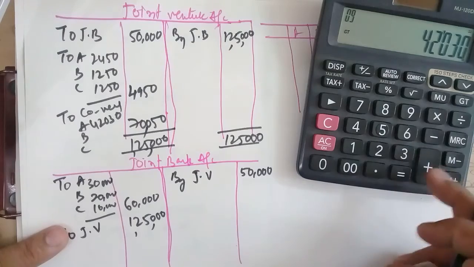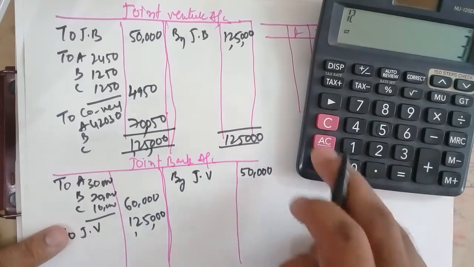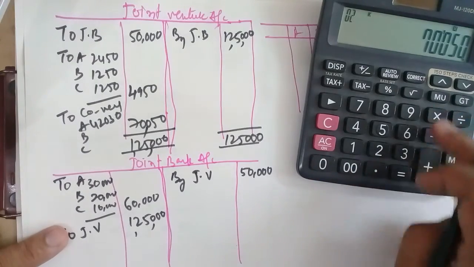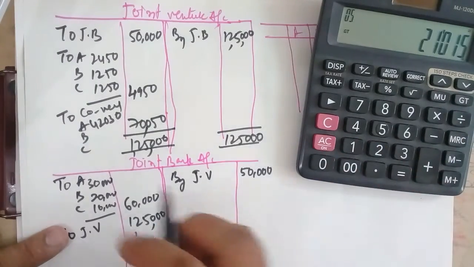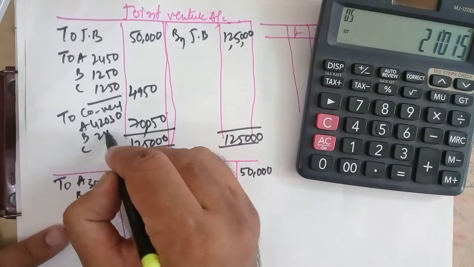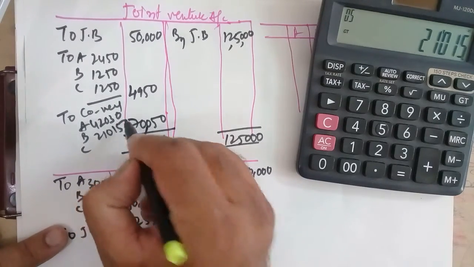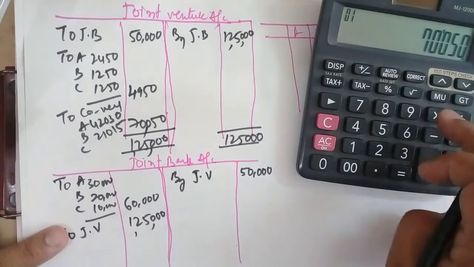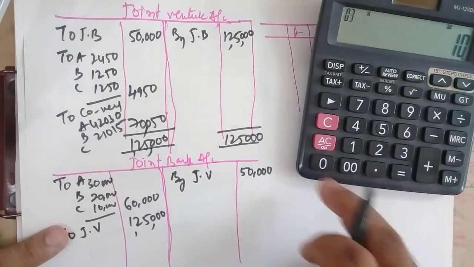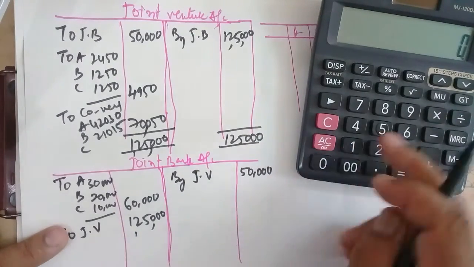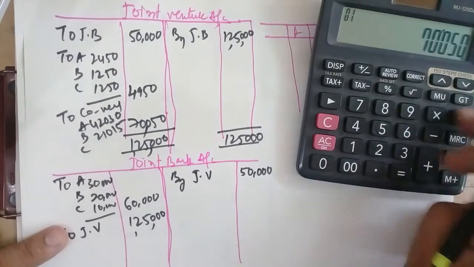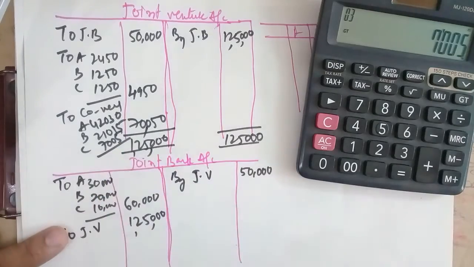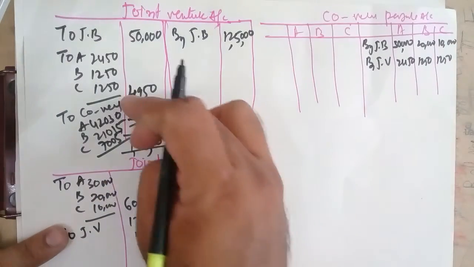The second one is 70,050 into 3 divided by 10, which gives 21,015. Then 70,050 divided by 10 is equal to 7,005.